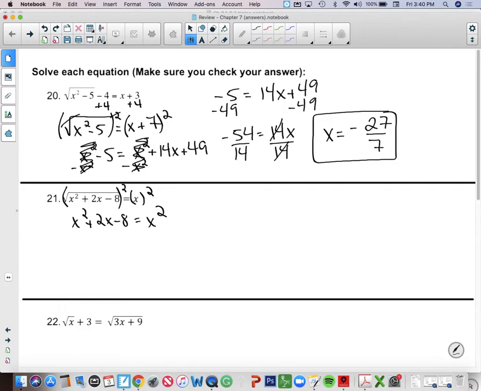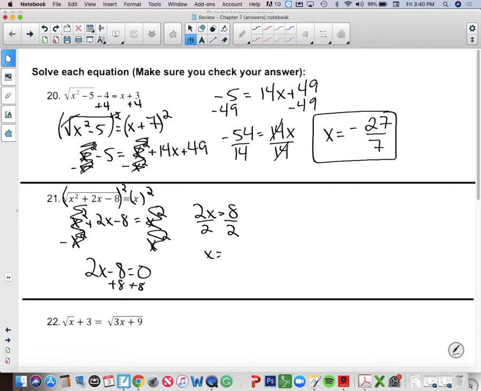But if we move this x squared over, just like in the last problem, that's going to cancel out. And then we'll have 2x minus 8 equals 0. Then we've got to keep going from there. So add 8. We get 2x equals 8, divide by 2, and we get x equals 4. Okay? You can plug it in and check it. I know that it works, so I'm not going to spend time doing that.